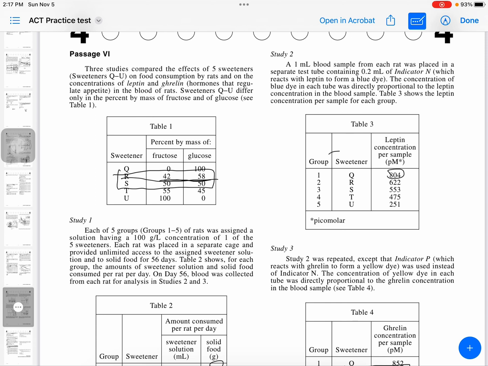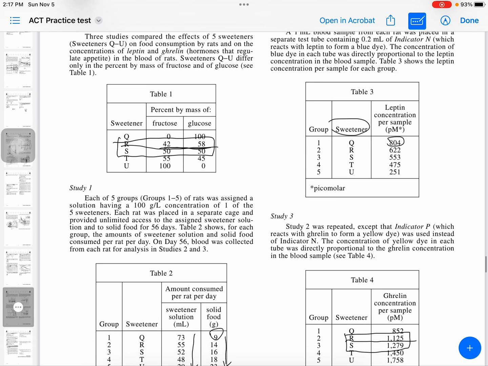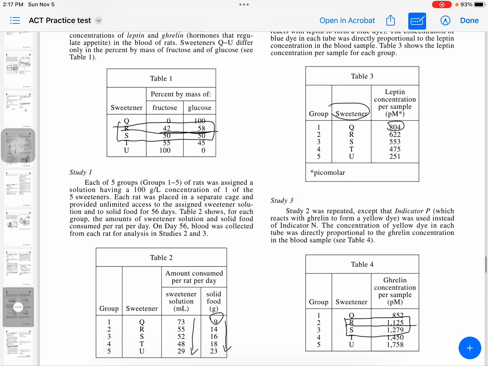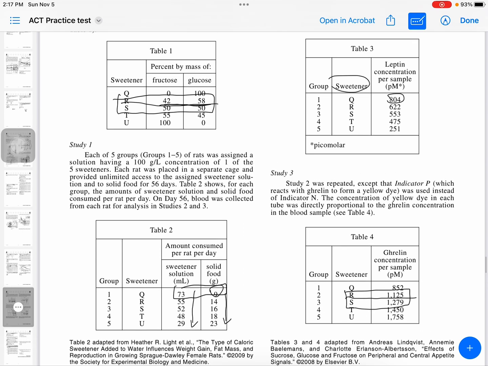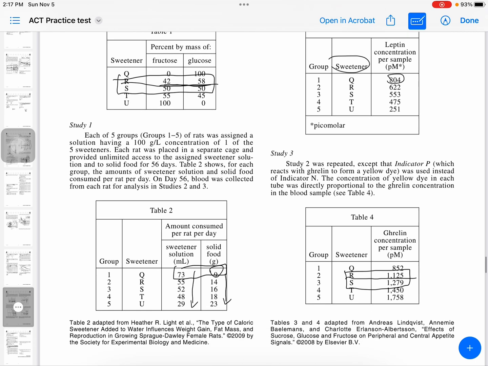So the type of sweetener affected how much leptin. But the amount of solid food consumed did not correlate to the leptin, but moreover just the amount of sweetener solution.